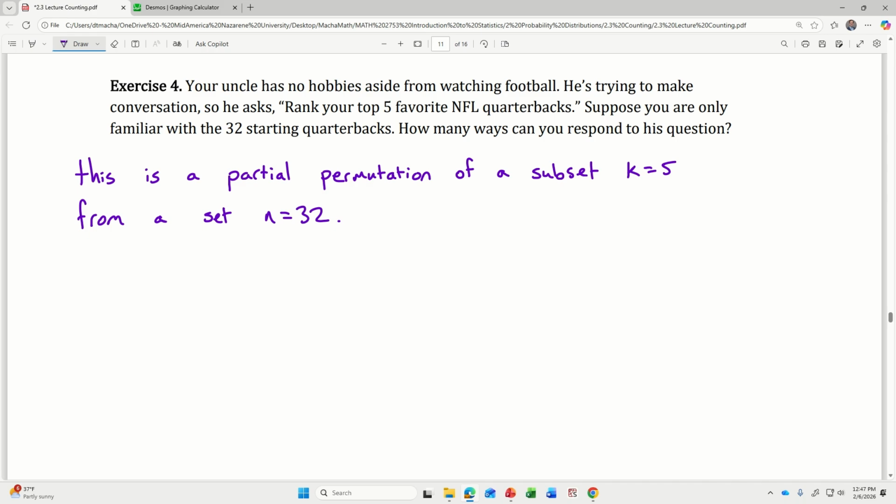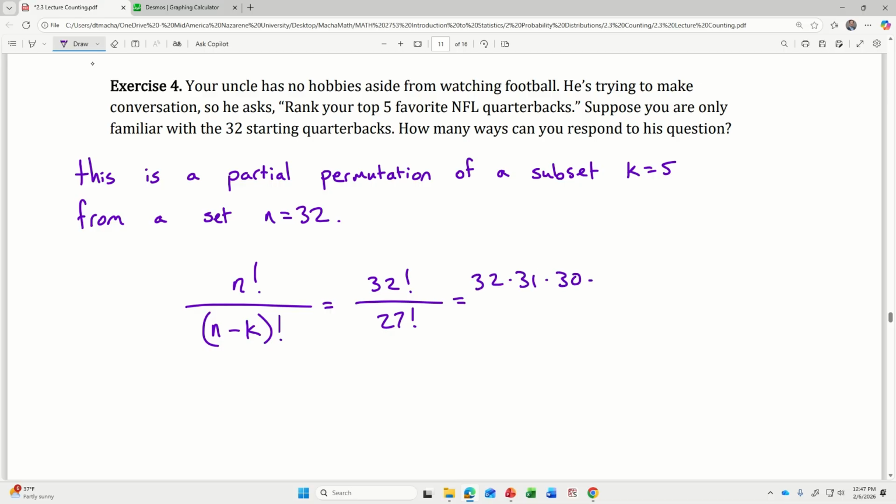It's a really big number. Huge number even. And so the formula for partial permutation says we're going to take n factorial divided by n minus k factorial. So in other words, 32 factorial divided by 27 factorial. And that's 32 times 31 times 30 times 29 times 28 times 27 factorial.